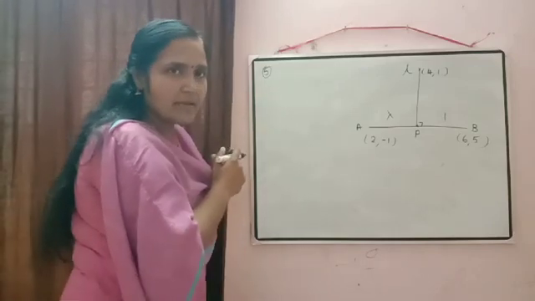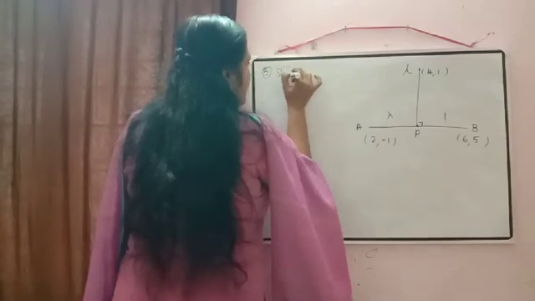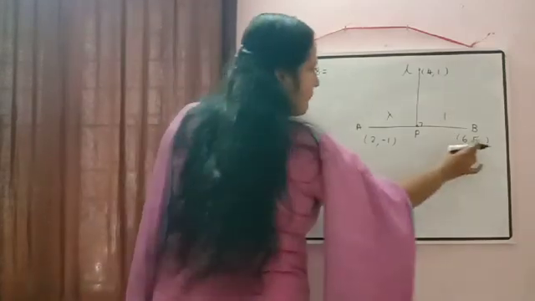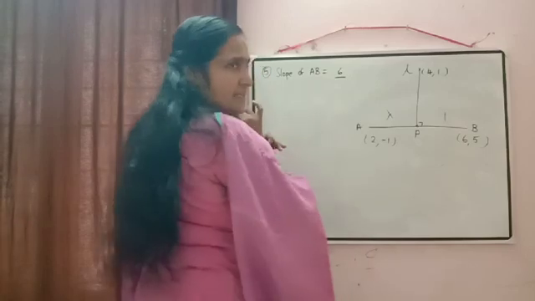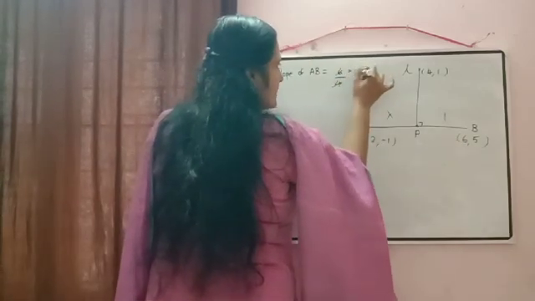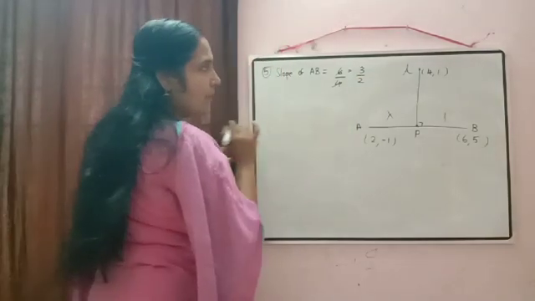So can we calculate the slope? Okay, so write down now the slope of AB. Slope of AB is equal to 5 minus 1, so that will be equal to 5 plus 1, 6 by 6 minus 2, 4. So it will get cancelled. We will get here it is equal to 3 by 2. That is the slope of AB.